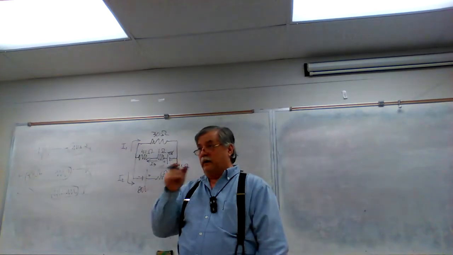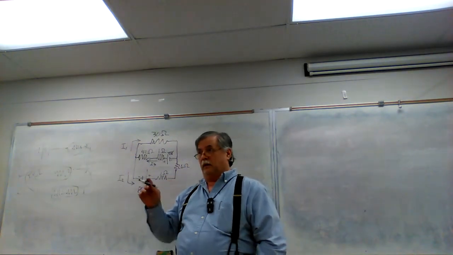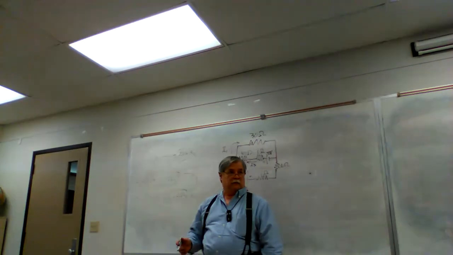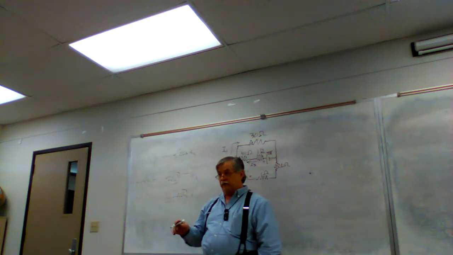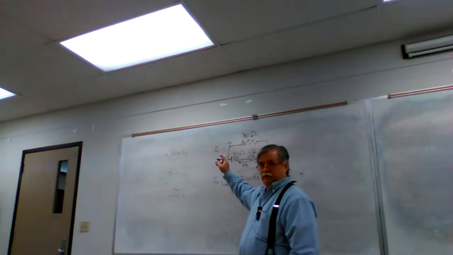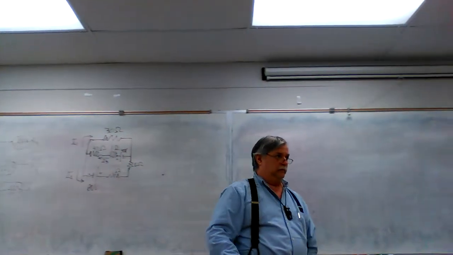Now, I want to make this point, and I want everybody to pay attention because this is important. As long as we analyze this circuit mathematically and are careful about doing so, it doesn't matter which direction we assign any one of those currents to.